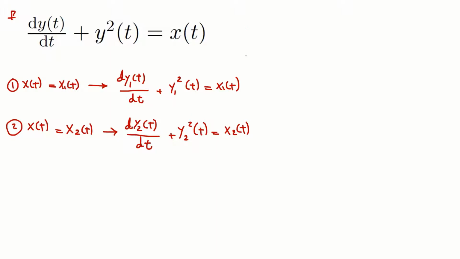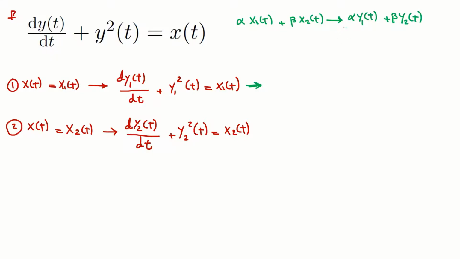All right, and from the definition of a linear system, we know in a linear system, if the input is alpha x1(t) plus beta x2(t), then that should give alpha y1(t) plus beta y2(t) at the output.